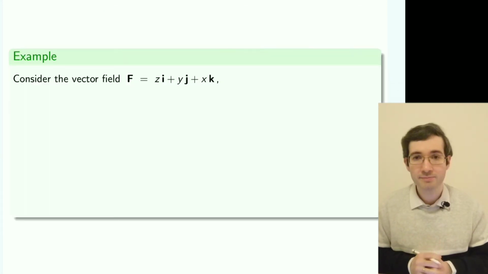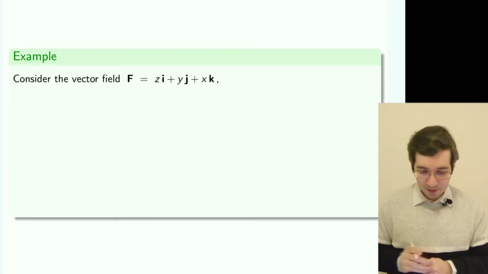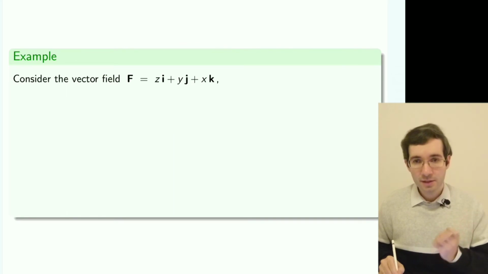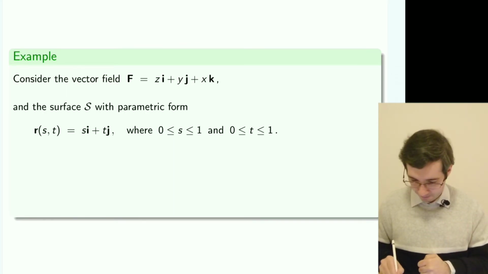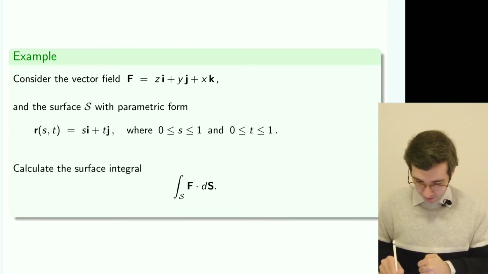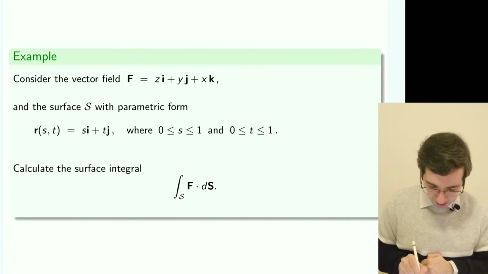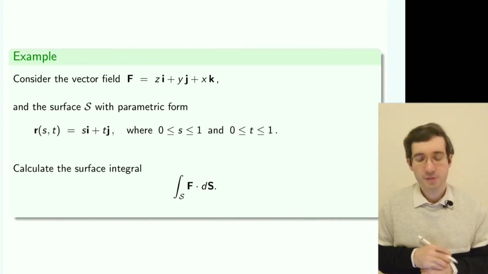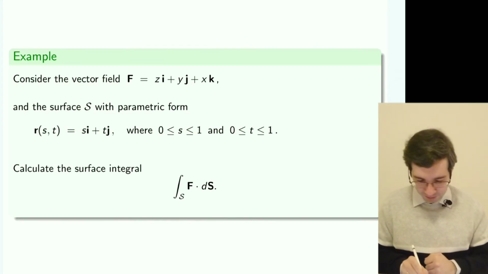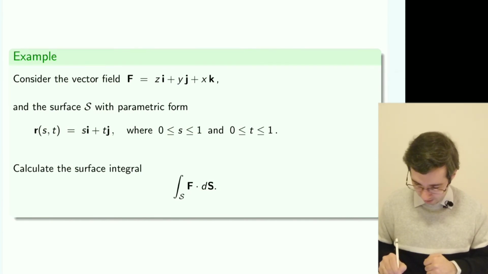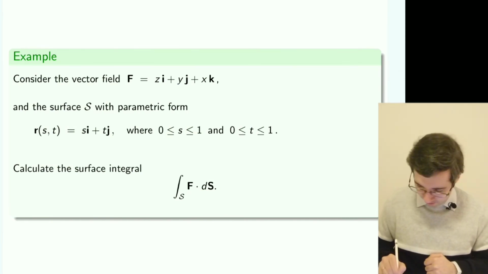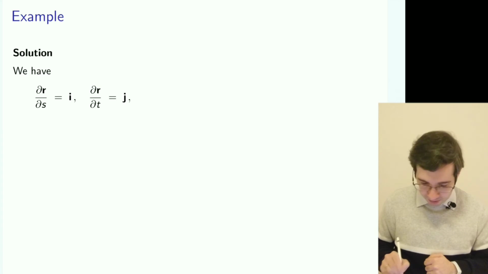Let's look at the example. Let's look at how to calculate surface integrals in practice. We're given the vector field, we're given a parametric form for the surface and the range of the parameters, and we're asked to compute a surface integral. Well, let's use the definition.